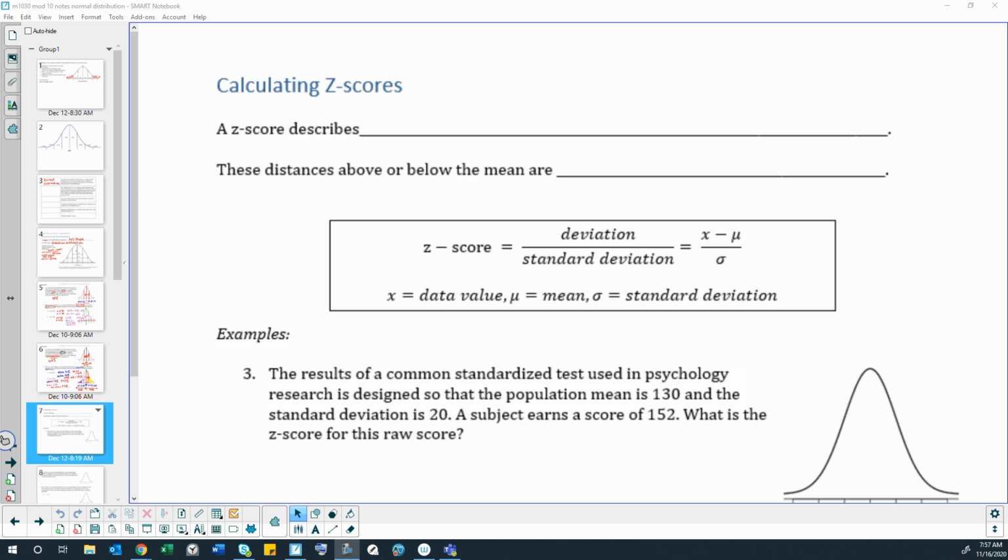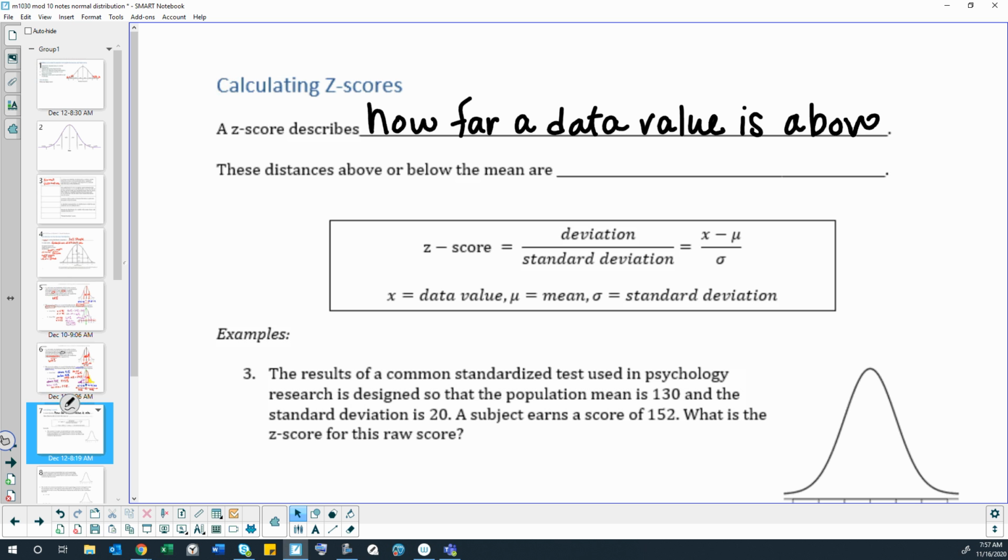Okay, a z-score describes how far a data point, I'm going to call it a data value, is above or below the mean.